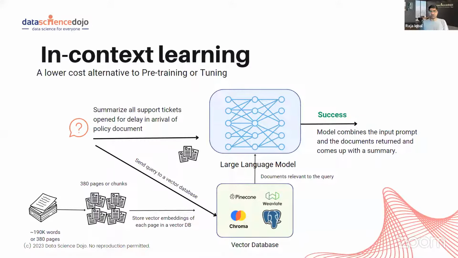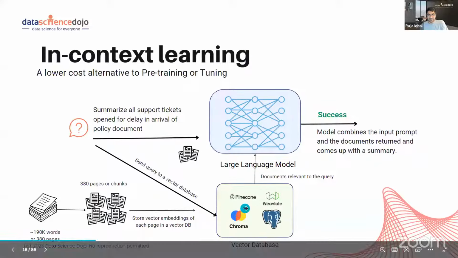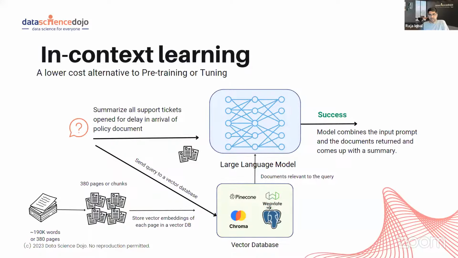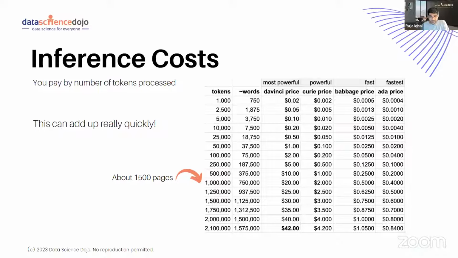Technically, there is no new model being trained. What is in-context learning? You are retrieving these documents and sending them to the large language model. It infers based on your prompt and the documents that were sent. So now there are some inference costs.